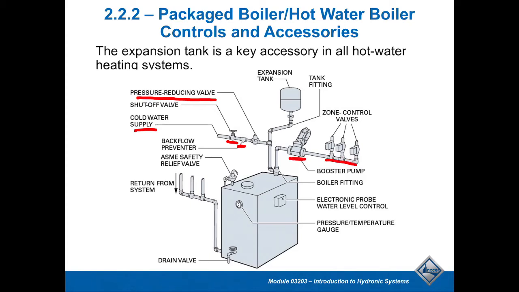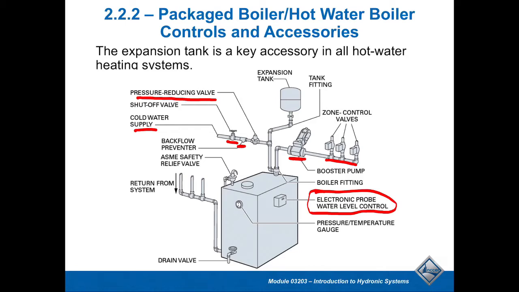In this case, we're showing a circulating pump and 3 zone valves. Again, you can either zone them with pumps, like the previous boiler system, or you can use zone valves. It just depends on who piped it and what the specs on the job would have been.